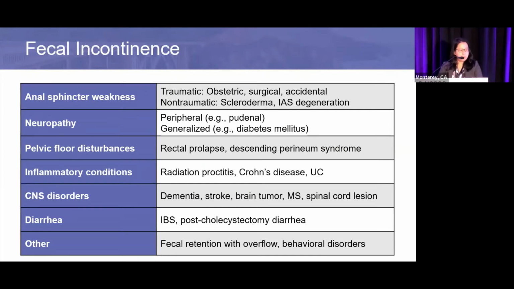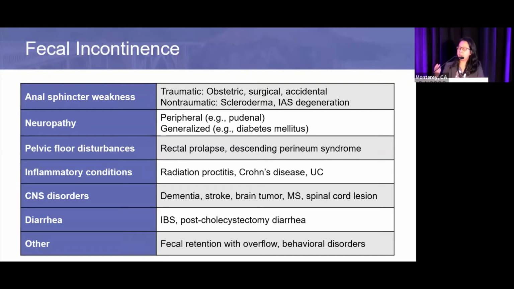We also use this in fecal incontinence, and the cause of fecal incontinence can be quite varied. Most people, I think the patient perception is, oh, I have a weakness in the anal sphincter, which is true. You can have it either from trauma, obstetric, surgical, accidental, or non-traumatic, such as scleroderma, internal anal sphincter degeneration, or some kind of neuropathy that affects your pudendal nerve, and commonly we can see some of that in diabetes.